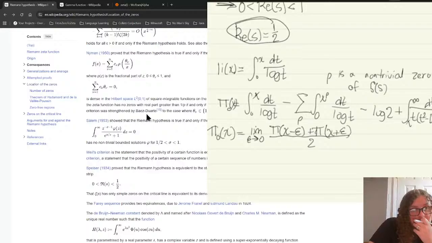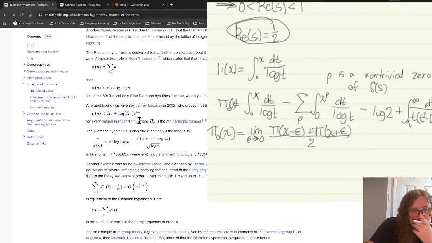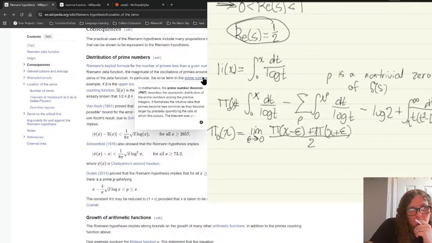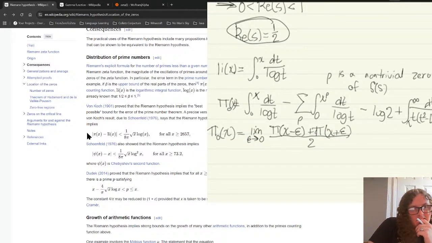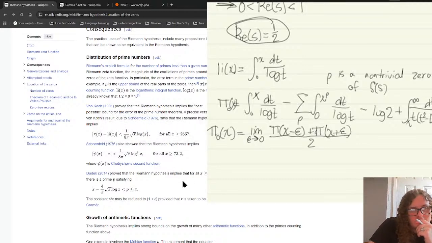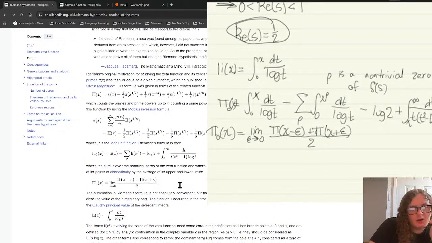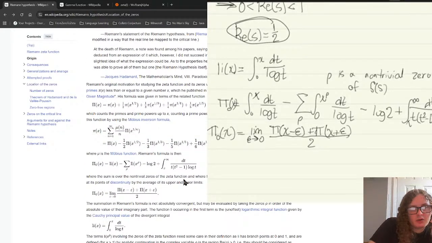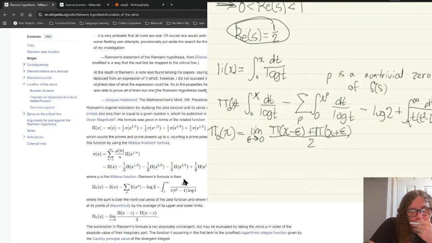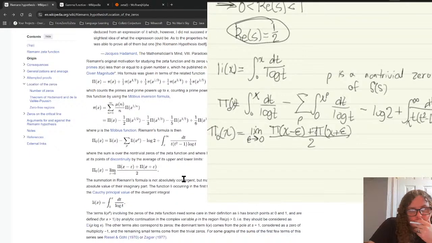So if we go back to the consequences, we'll see. I want to look into how these were determined. So actually, I want to go to Riemann's work, start from the historical beginning.